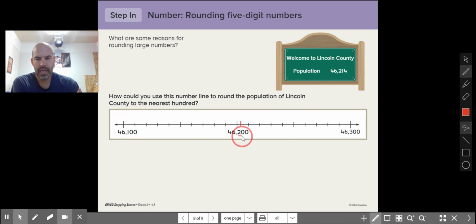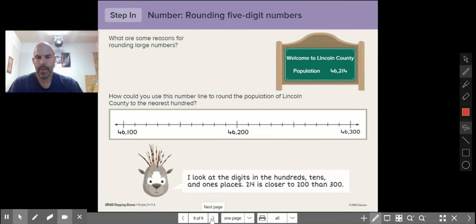Because we can see this 200 here and the 300 over there, right? So we would round this down to 46,200, all right? And it says, I look at the digit in the hundreds, tens, and ones place. 214 is closer to 200 than 300.